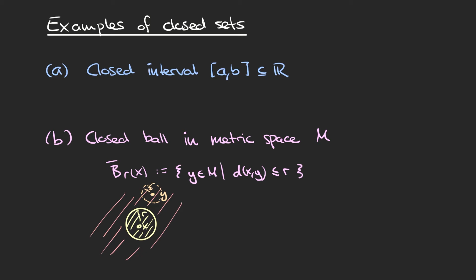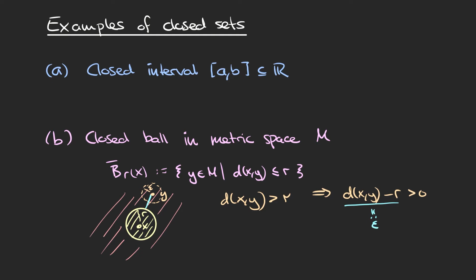Well, we know that the distance between x and y has to be strictly greater than r, because y is not contained in the closed ball of radius r around x, so it has to have a distance from x that is strictly greater than r. But this implies that the difference between this distance and r is strictly positive. This quantity here is the stretch I'm drawing in blue in the sketch. And now our picture suggests that we can just choose epsilon to be this quantity.